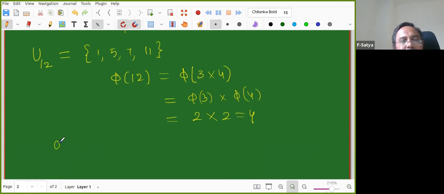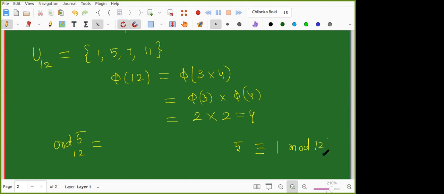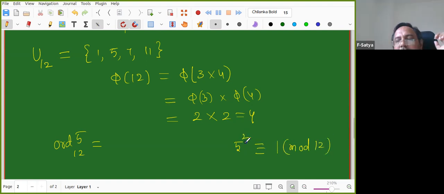Now, what is the order of 5 modulo 12? Somebody help me? Means what am I doing? 5 square, 5 cube, like that. So 5 power 1 is congruent to 1 modulo 12? 5 square is 25. 25 is congruent to 1 modulo 12.